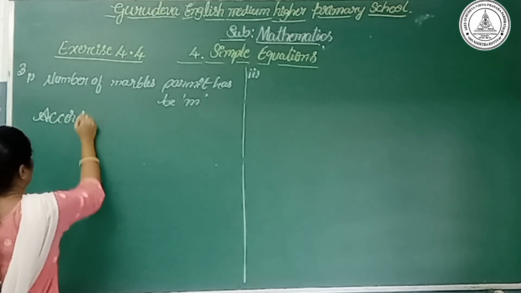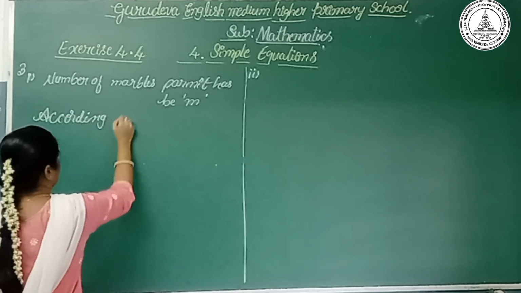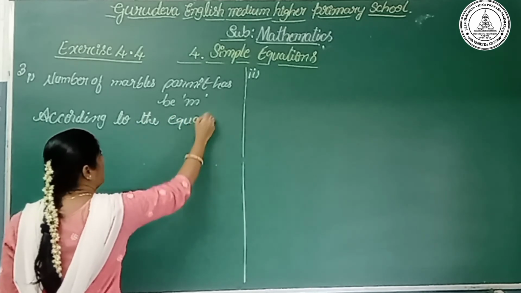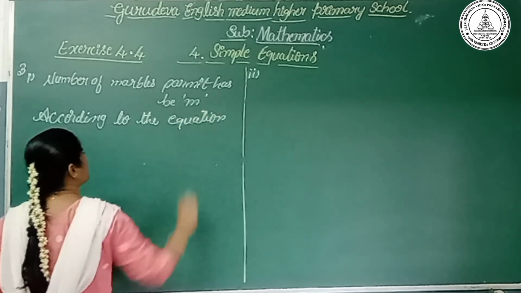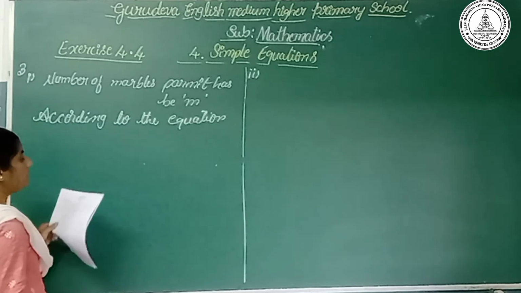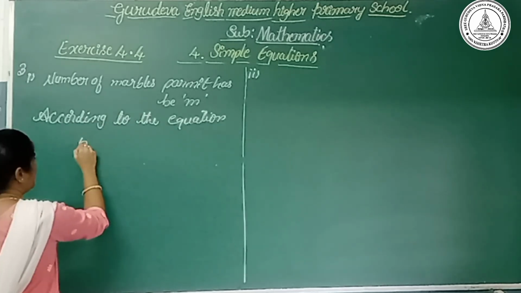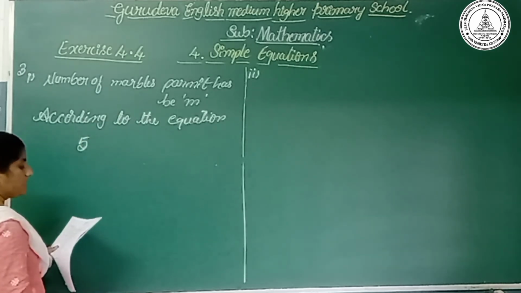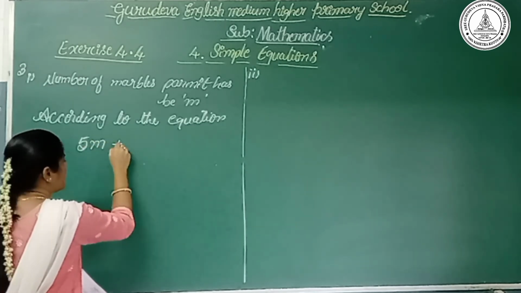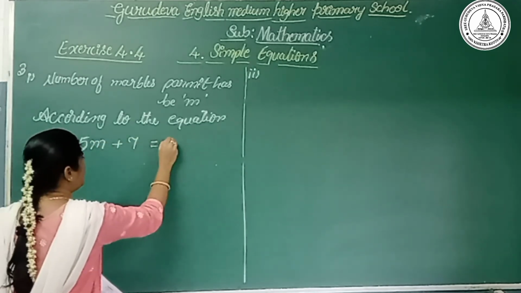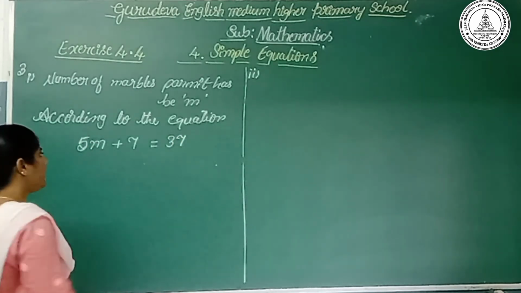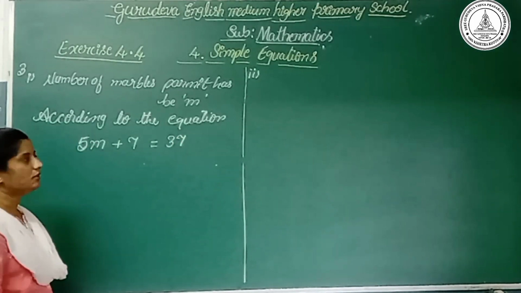According to the equation, we will get what they said here. 7 marbles more than 5 times the marbles Permit has: 5m and 7 marbles more, and finally Irfan has 37 marbles. Okay, it is the equation obtained.